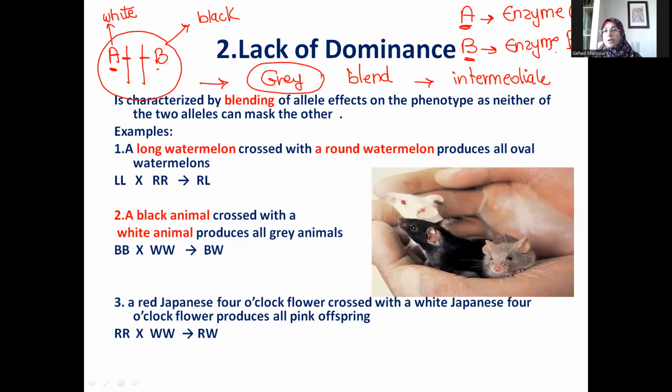So when both pigments are produced in the cell, here, for example, we have a white color, so we are not sure whether it's forming a white pigment or not forming a pigment at all.